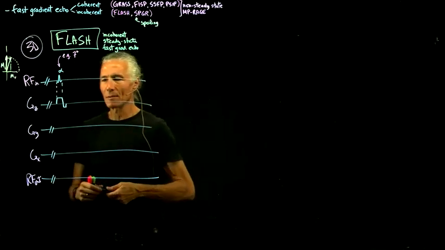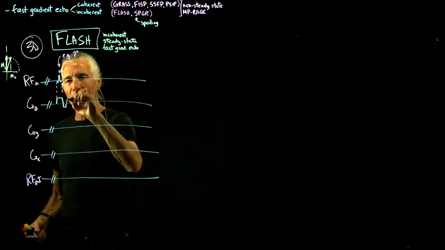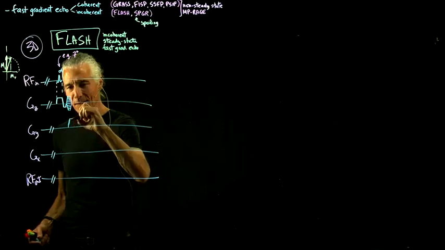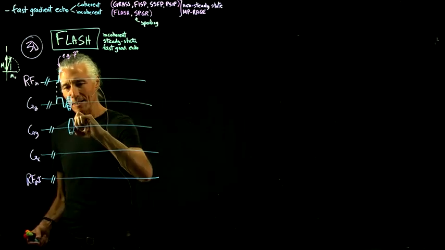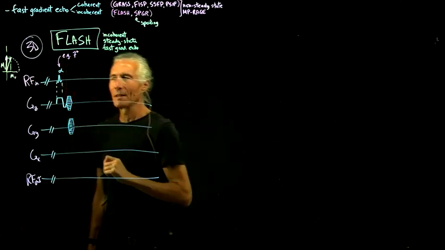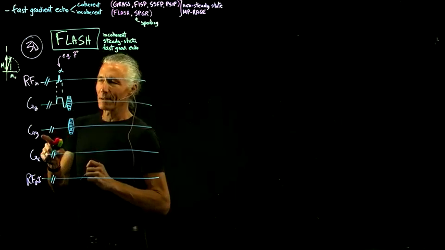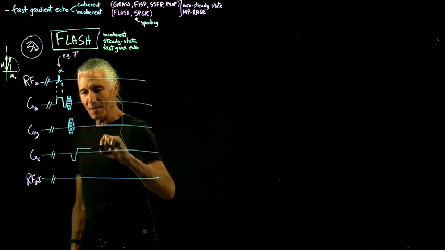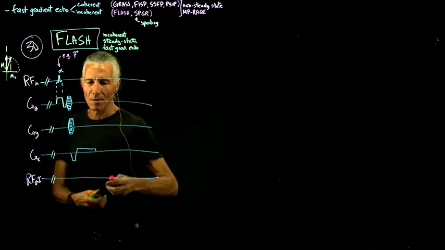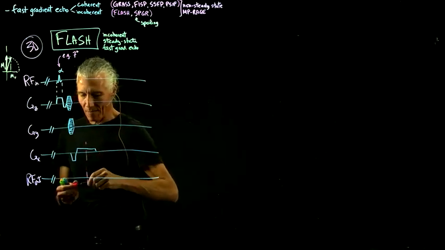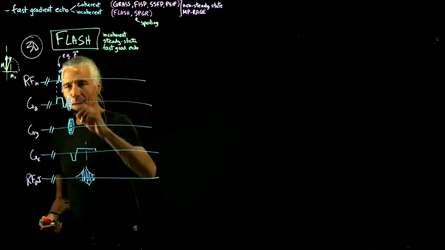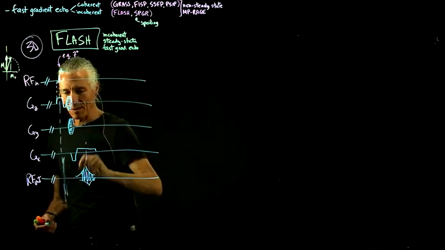And then we've already drawn the sequence a couple times. If it's a 3D sequence, we would do a whole bunch of different phase encodes on the partition direction, and then a whole bunch of different gradient settings on the regular phase encode. Then for our readout, we go to the left of k-space, and then go one line across k-space, and that gives us a gradient echo that we record, and we just ignore the FID that comes out here.